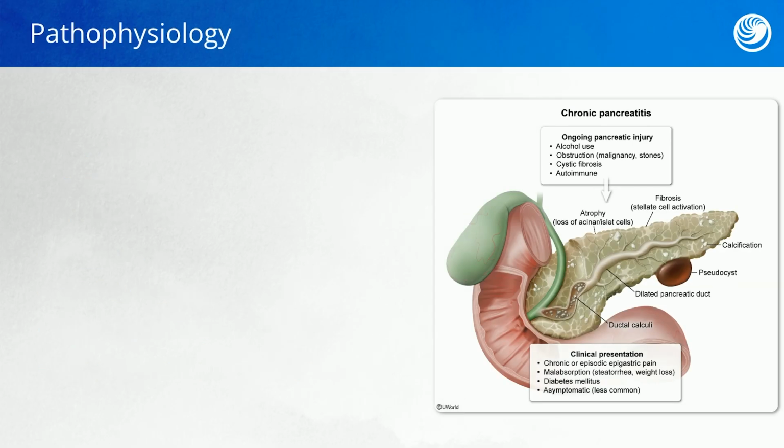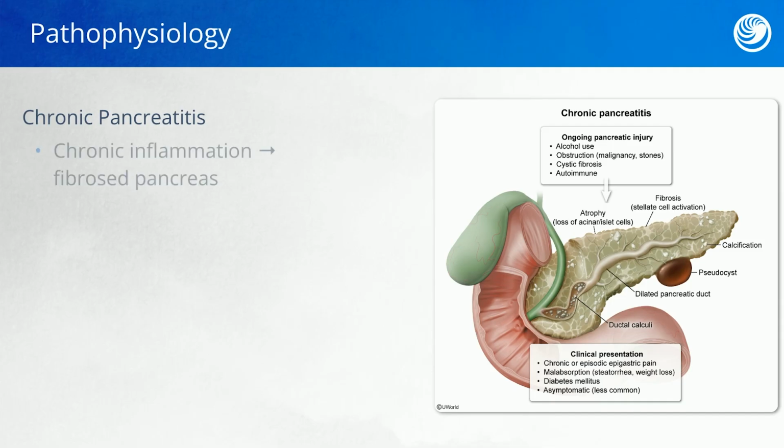Thus far, we've primarily touched on symptoms and findings associated with acute pancreatitis. So let's focus on what happens with chronic pancreatitis. With chronic pancreatitis, we have a repeated inflammation of the pancreas, which can lead to the development of fibrosis or hardened tissue that builds up within the pancreas itself.